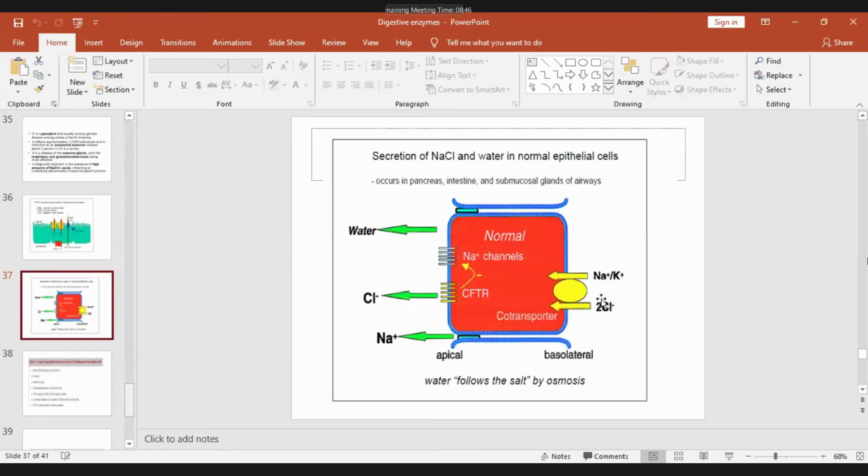First, sodium is pumped, and chloride as well as water follow it. In the apical side there are sodium channels, chloride channels, and aquaporins for water, and water follows the salt. After sodium, due to the electrochemical gradient, chloride also follows. Because of the osmotic gradient, water also follows here.